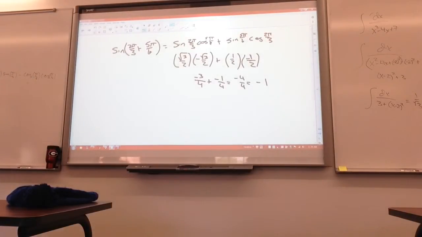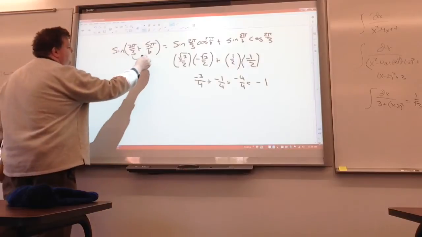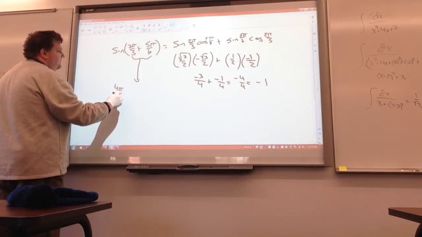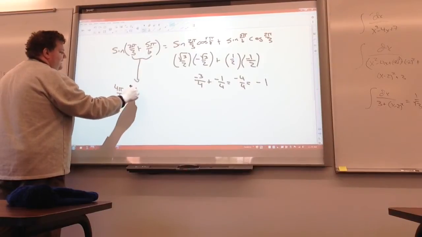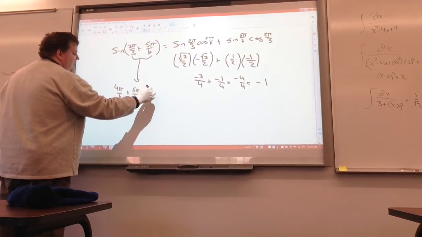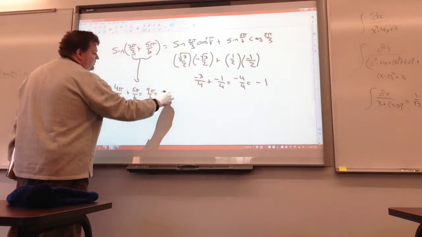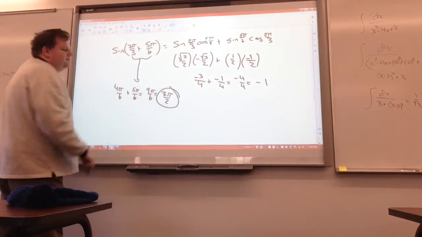Isn't that at 3 pi over 2? Well, add these angles together. We have 4 pi over 6 plus 5 pi over 6. That's 9 pi over 6, which, factoring the 3's out, is 3 pi over 2.